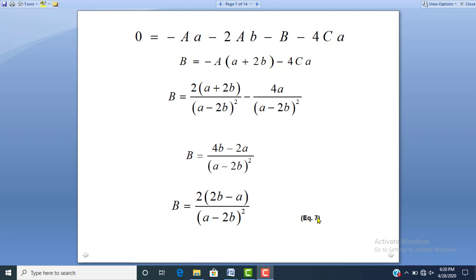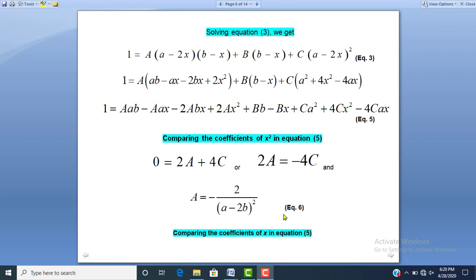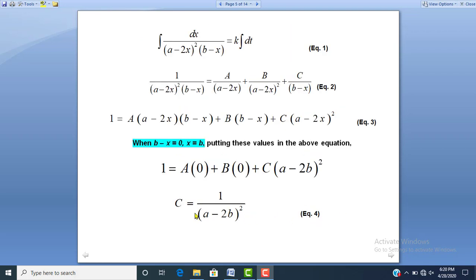Dear students, from equation 7 we have the value of b, from equation 6 we have the value of a, from equation 4 we have the value of c. Now what will we do with all these values? Very simple. We will put the values of a, b and c from equations 7, 6 and 4 in equation number 2.